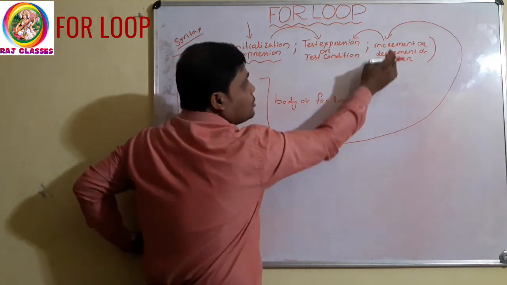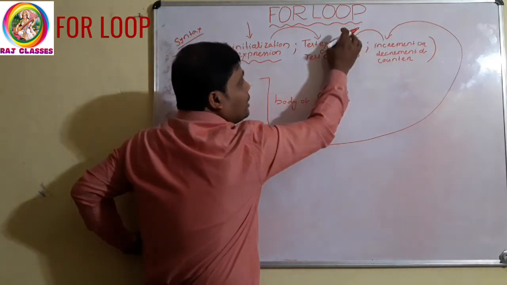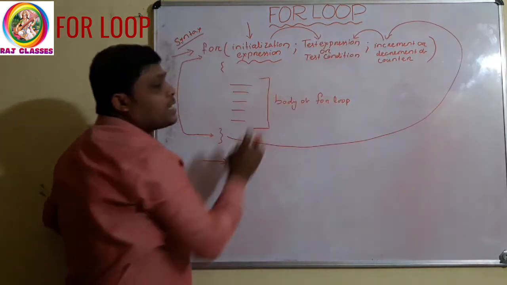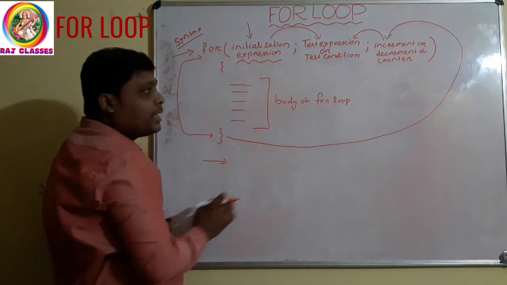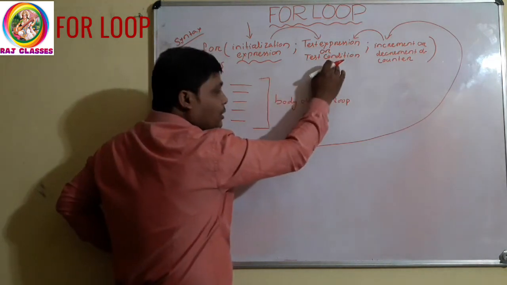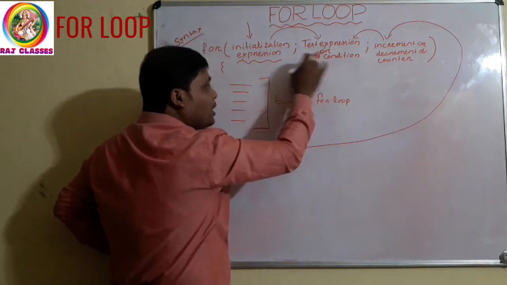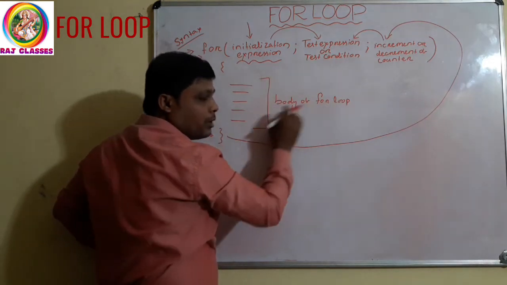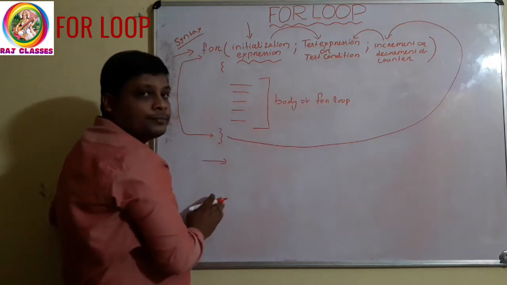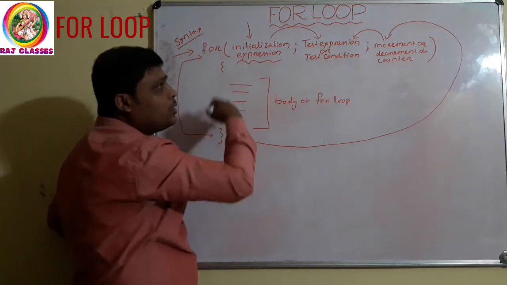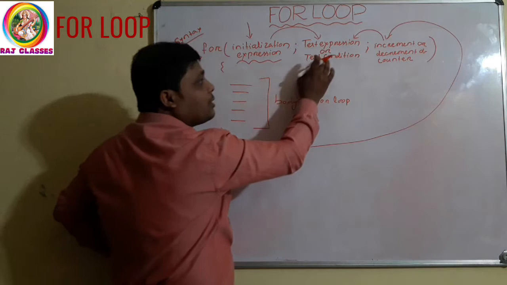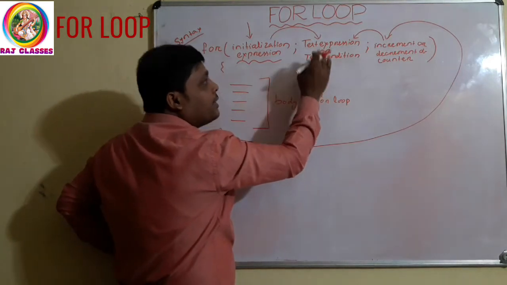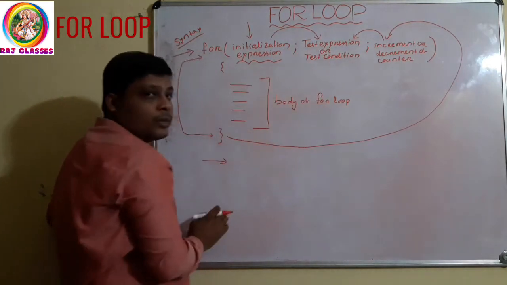If this condition is true, again it will execute these statements. That means the body of for loop will execute once again. And this process will continue until the condition becomes false.